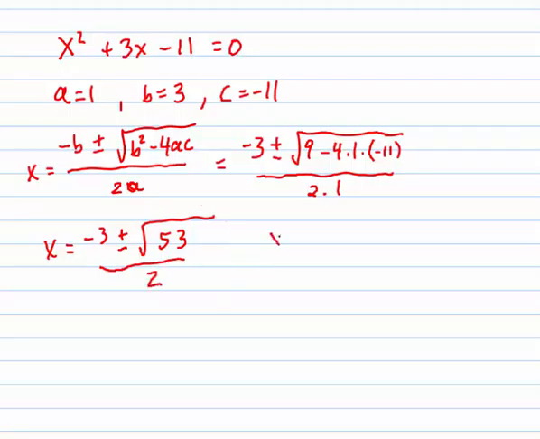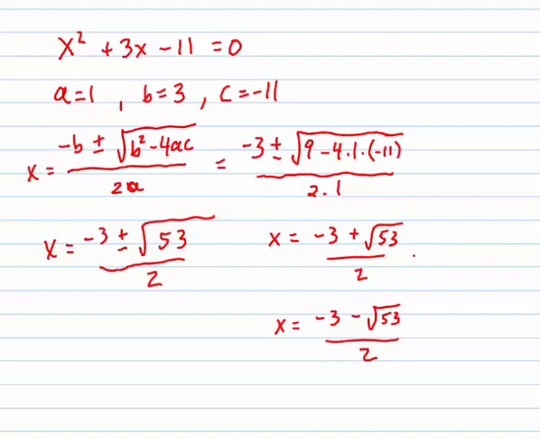One is x is equal to minus 3 plus the square root of 53 over 2. And another answer is x is equal to minus 3 minus the square root of 53 over 2. And you can plug that into your calculator and get values. But it's often written like this, and let me just write it a little bit clearer.